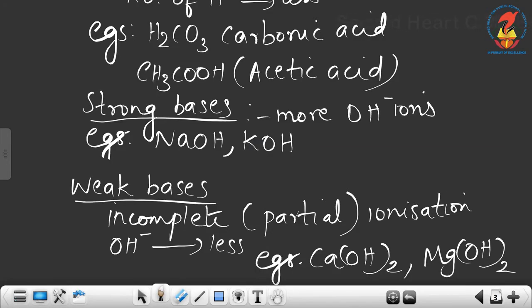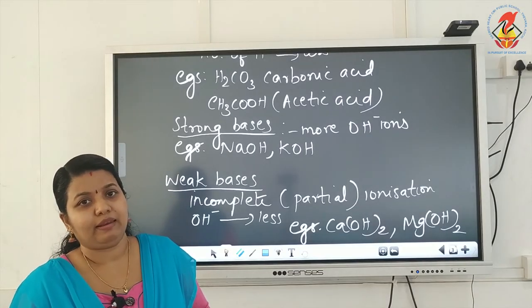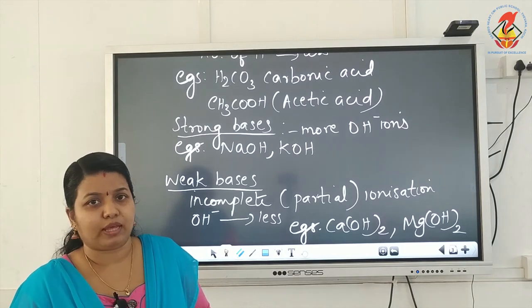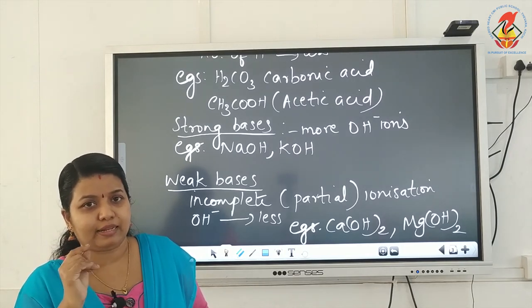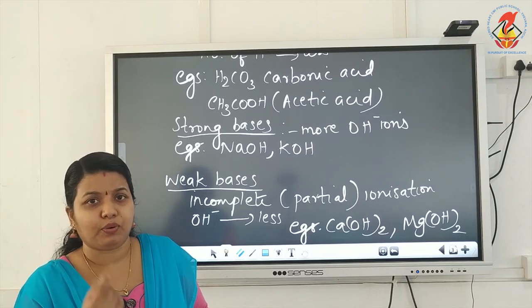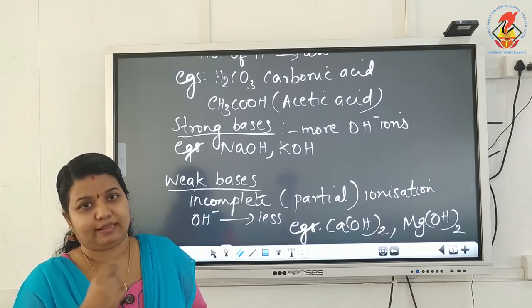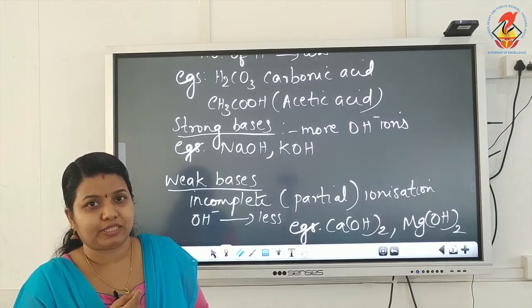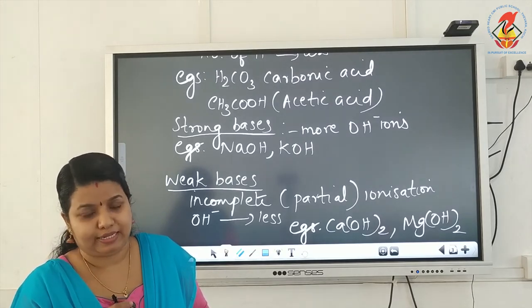I hope it is clear to you. So what is the difference between strong acids and weak acids? What is the difference between strong bases and weak bases? These examples you have to keep in mind. Strong acids, we have 2, hydrochloric acid and sulfuric acid. They undergo complete ionization to produce more number of hydrogen ions. Weak acids are carbonic acid and acetic acid. Incomplete or partial ionization in presence of water to produce less number of hydrogen ions.